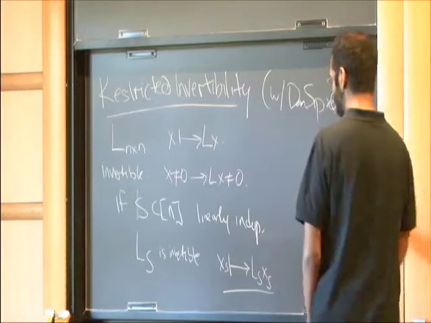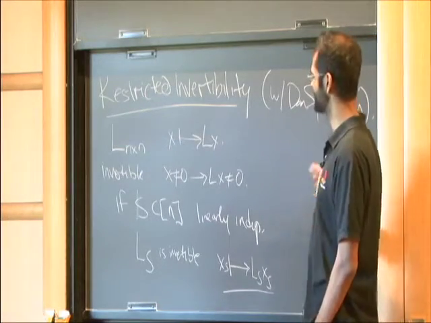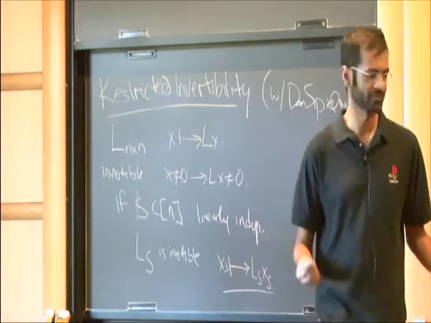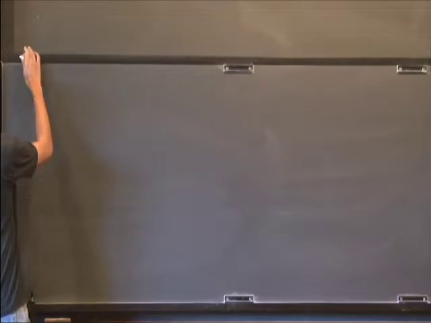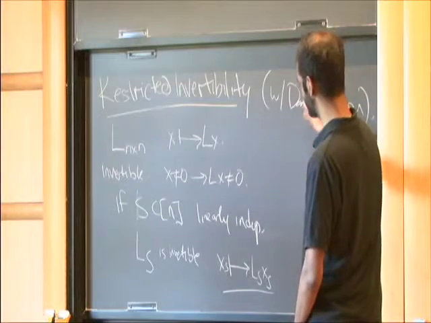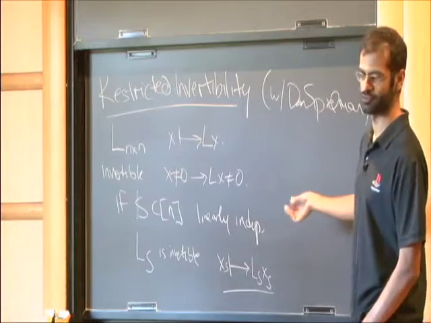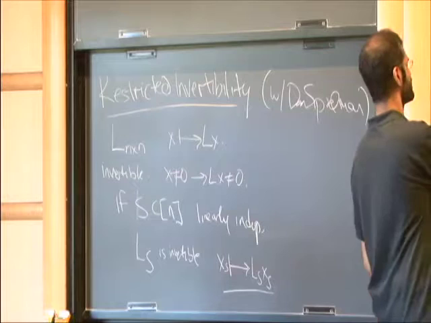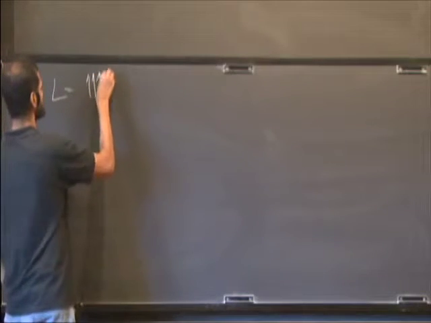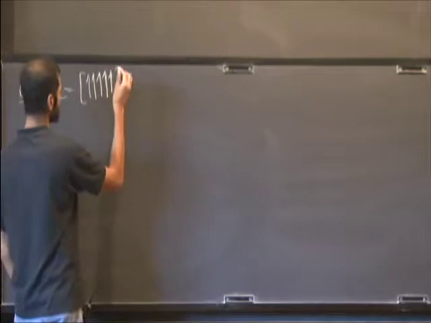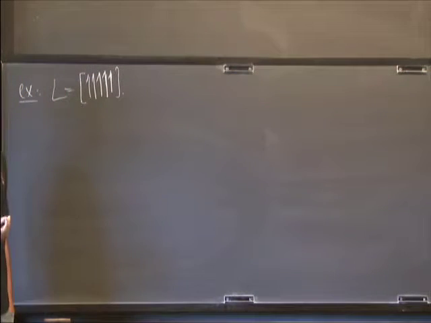So basically, the rank captures the question of, given a matrix, what's the largest submatrix that's invertible. There is one problem with this notion of degeneracy and this nice statement, which is that invertibility and rank are both very fragile notions. For example, if I take L to be just a bunch of 1s, then this has rank 1, and you can't even pick two columns that are linearly independent.